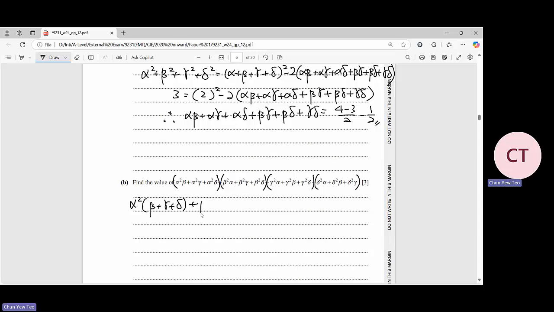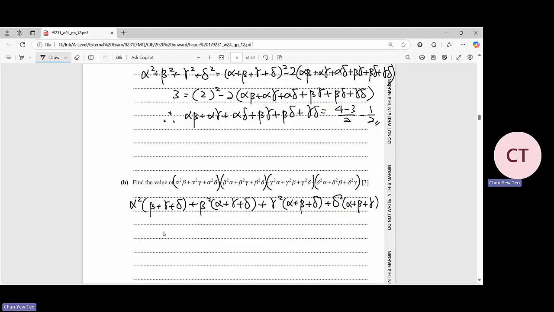Group number 3, if I factorize the gamma squared out, I get this. Same thing for group number 4: I factorize the delta squared out and I get this.